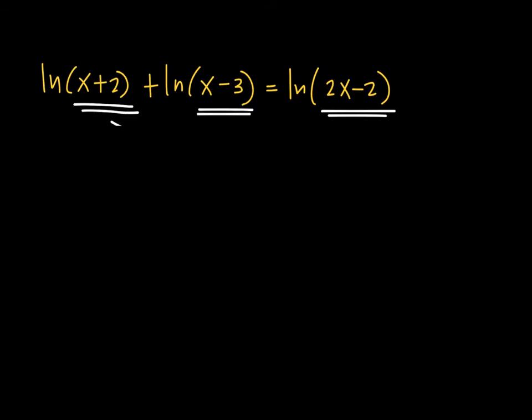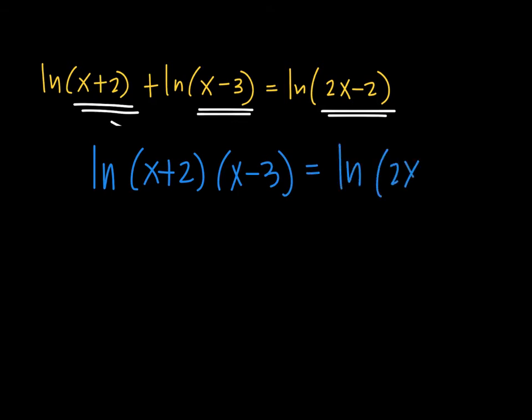By the properties of logarithms, we can make this ln of x plus 2 times x minus 3 equal to ln of 2x minus 2. Here we use the product rule.